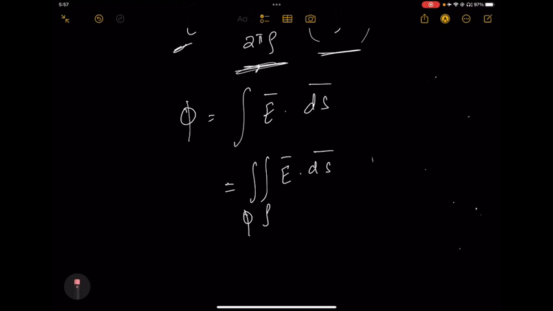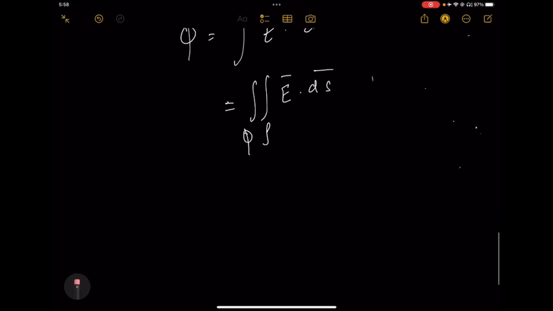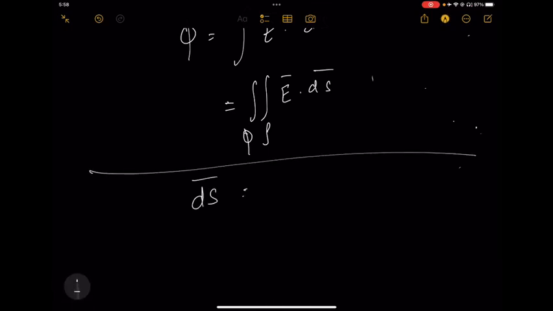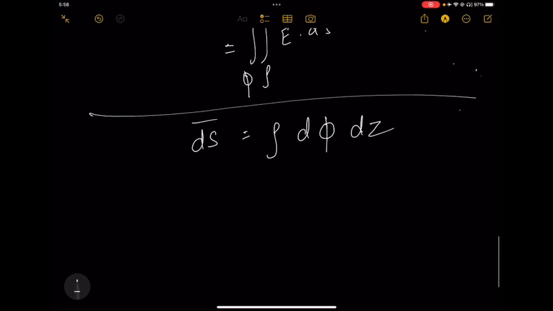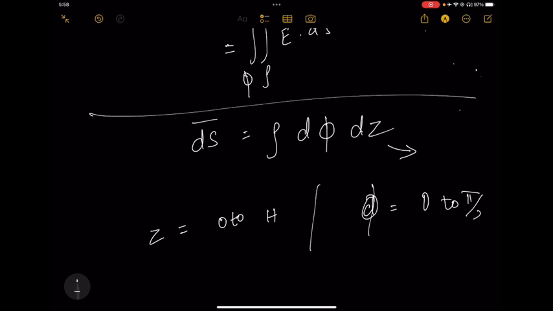Okay, now we are interested in finding what is the ds for cylindrical coordinates. It will be rho d phi dz. If you substitute it, the limits for z are 0 to h, and the limits for phi are 0 to pi by 2, because it is a quarter of a cylinder; the total circumference is 2 pi, a quarter is pi by 2.